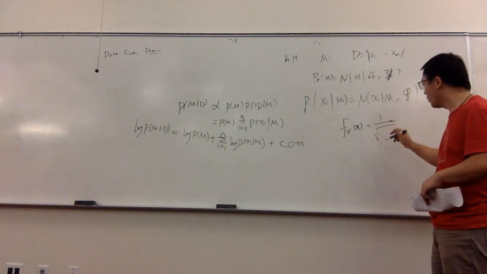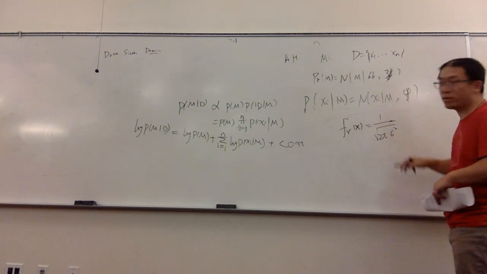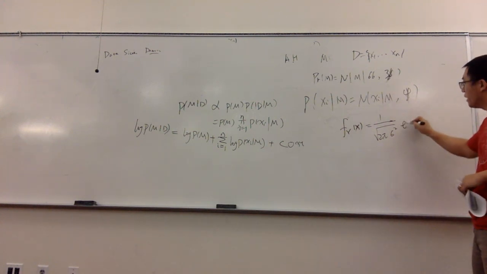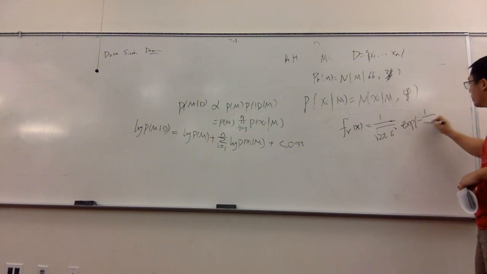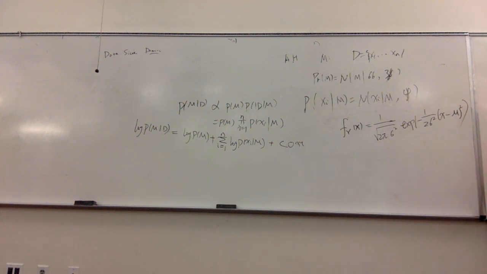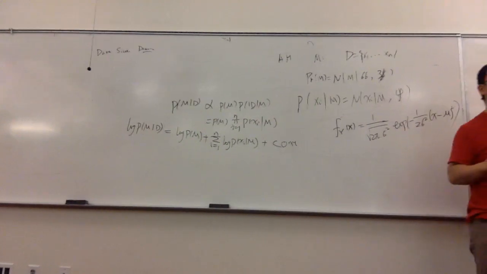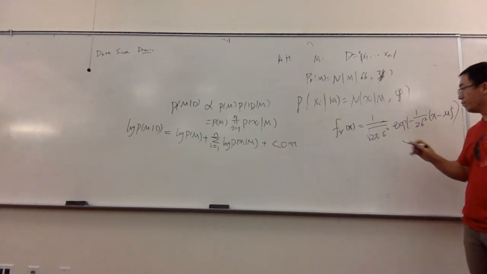Right now you're not required. So this is sigma squared. Sigma squared is the variance, and the exponent is minus 1 over 2 sigma squared times (x minus the expectation) squared. So your normal distribution has the variance of 4.